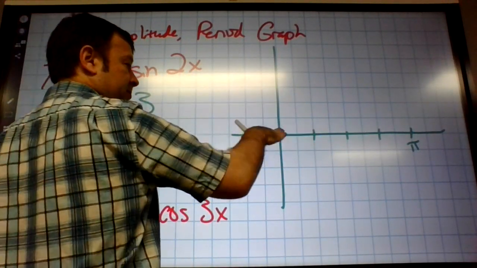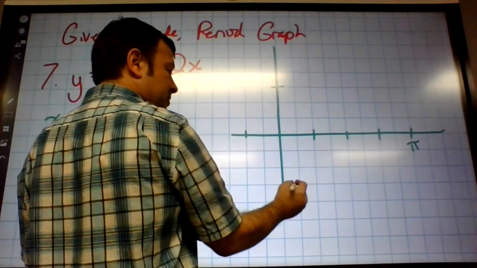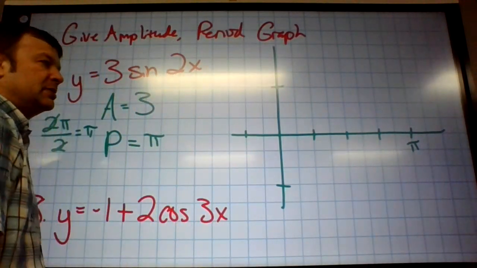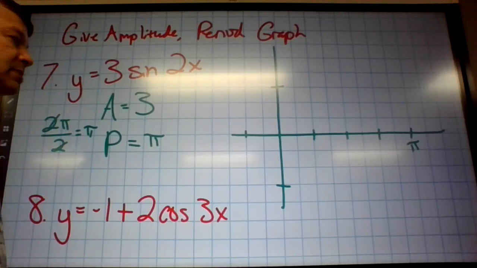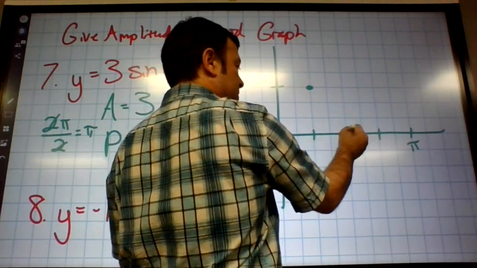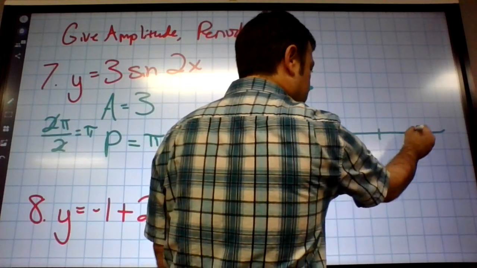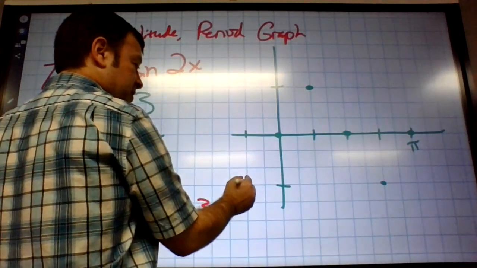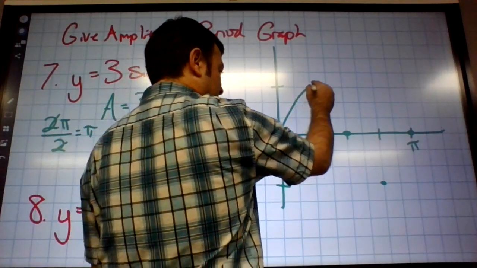So the x-axis is the middle. The amplitude is 3, that means the graph's going up 3 and down 3 from the middle. Where does sine start at? Middle going up. So you can tell this a little bit easier than the worksheet, right? Next one's about the same.